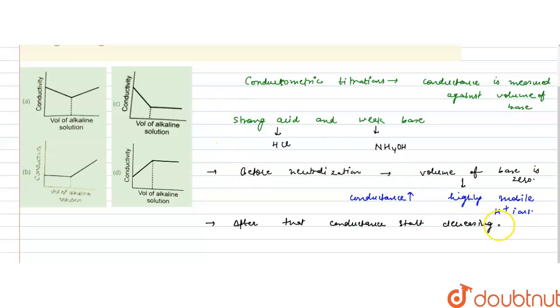When we add the base solution to the acidic solution, the hydroxide ion reacts with the H positive ion and forms water. So the conductance starts decreasing.